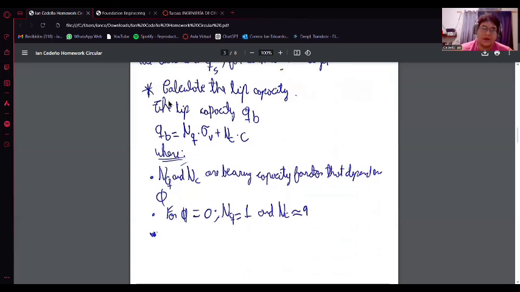To calculate the tip capacity Qb, we use Nq times sigma plus Nc times C, where Nq and Nc are bearing capacity factors that depend on the angle.